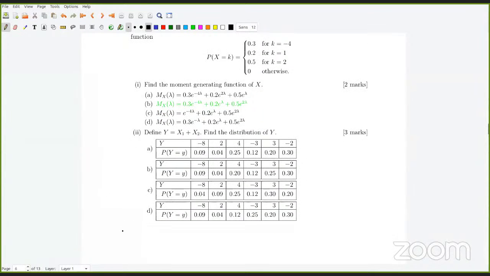So for the discrete case, what is the moment generating function?